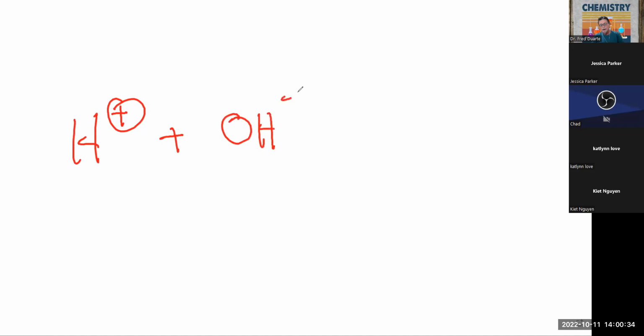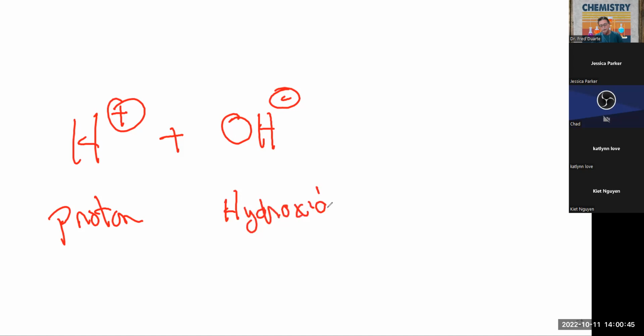So once you generate a proton, anything that produces a hydroxide, remember the hydroxide? So this is a proton, which is nothing more than a hydrogen minus its electron. And this is a polyatomic ion. So on your polyatomic ion table, it's called the hydroxide, okay?